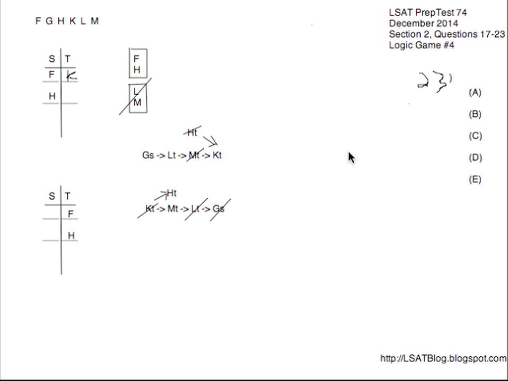Finally, number 23, this is one of those dreaded rule substitution questions. They're asking us what would have the exact same effect, changing nothing. So you want a rule that is no more limiting than the original and no less limiting than the original. So let's scan through the choices, see if anything jumps out.